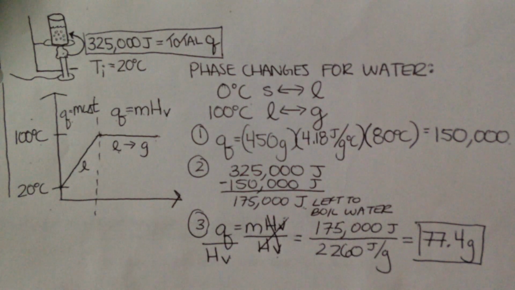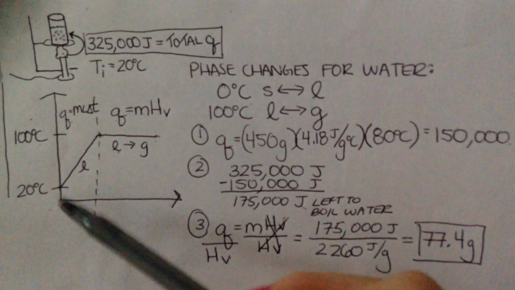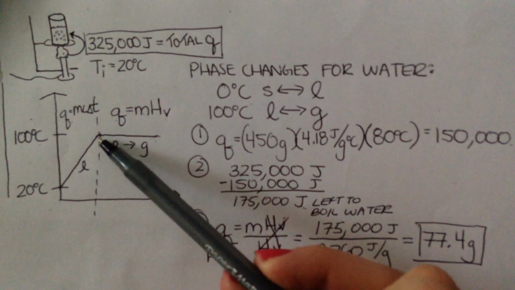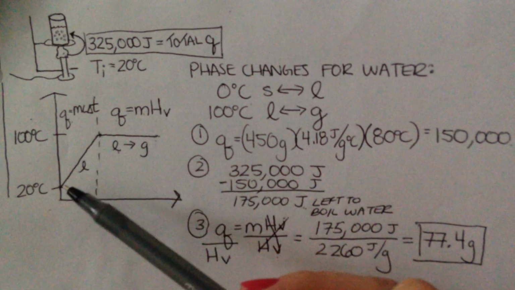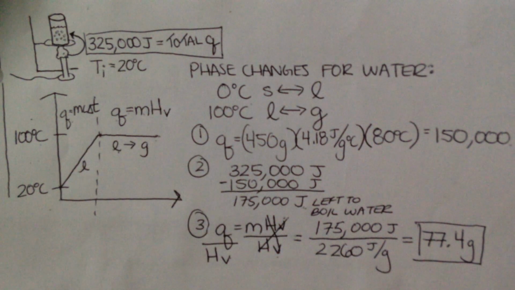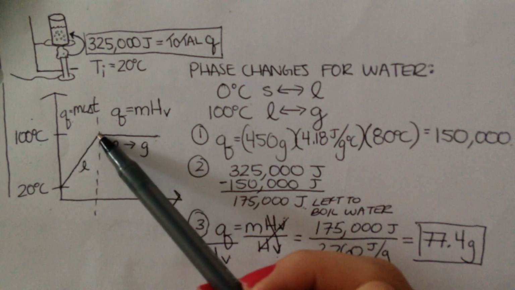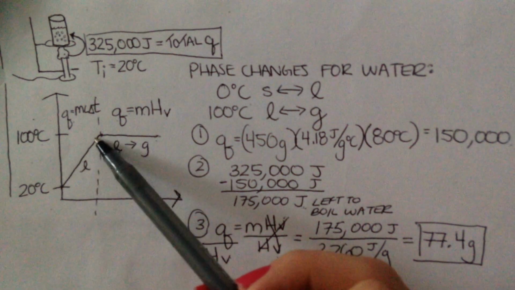Now, another thing that I want to point out is what the difference is between what the energy is going to do to our water particles in each step of this phase diagram. When we're heating up a liquid, its temperature is going to change.